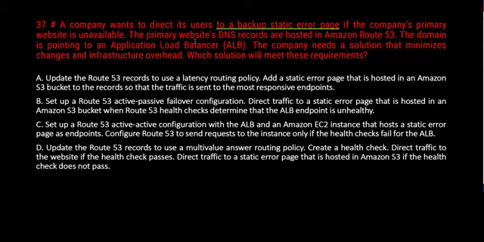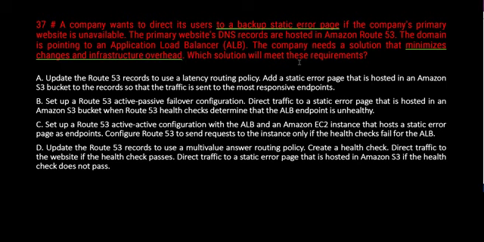The primary website's DNS records are hosted in Amazon Route 53. Okay, so they are using AWS Route 53 for DNS. The domain is pointing to an ALB. Okay, the company needs a solution that minimizes changes and infrastructure overhead. Which solution will meet the requirements?